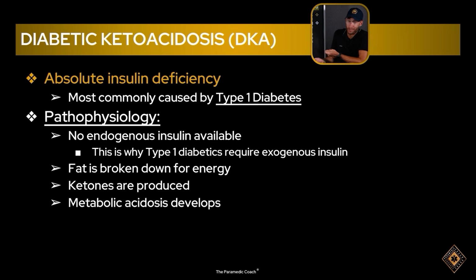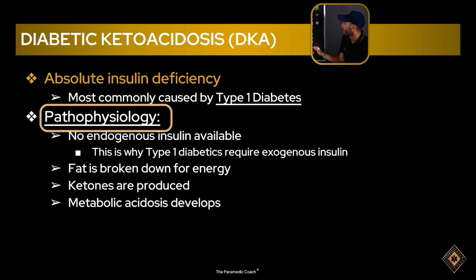Some work and some don't. They've got tired locks. Whereas type 1 diabetics don't produce any insulin. They need insulin injected to have any insulin. With type 2 diabetes, their insulin is not as good as it used to be, if that makes sense. We'll talk more about it, but just hang with me. It's an absolute insulin deficiency, most commonly caused by type 1 diabetes.